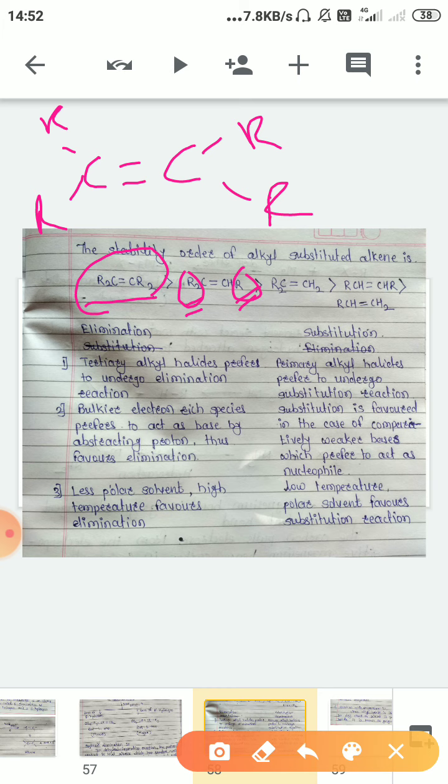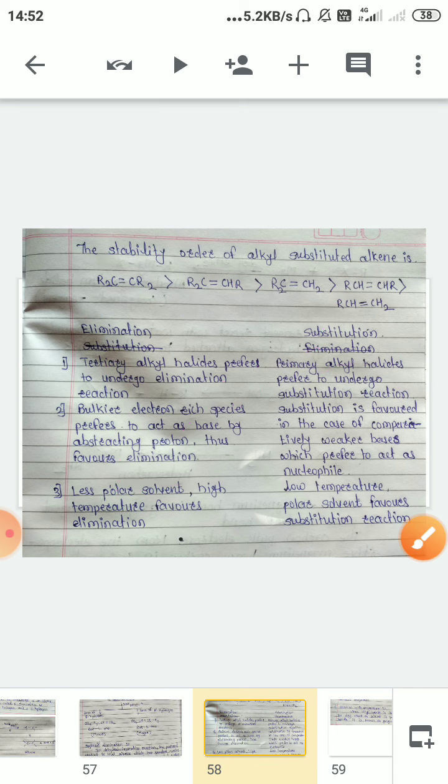That means three alkyl groups are present on the carbon-carbon double bond. Now this one is more stable than CR2 double bond CHR, and this one is more stable than CR2 double bond CH.